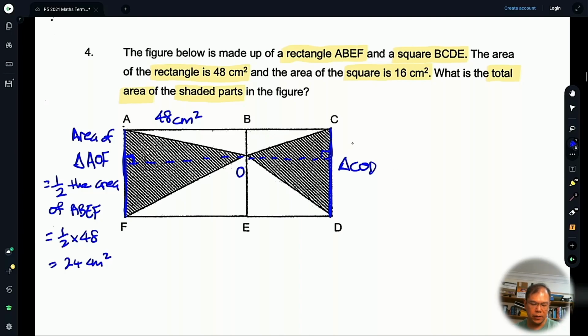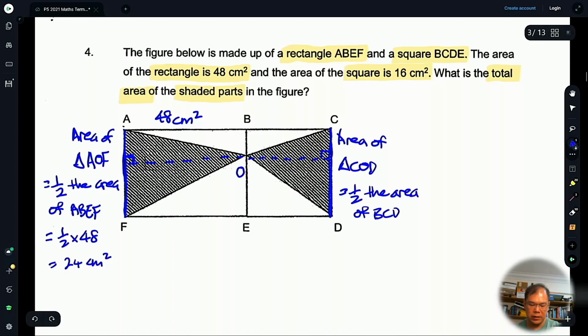So again, the area of this particular triangle COD would therefore be half of the area of this square BCDE, right?